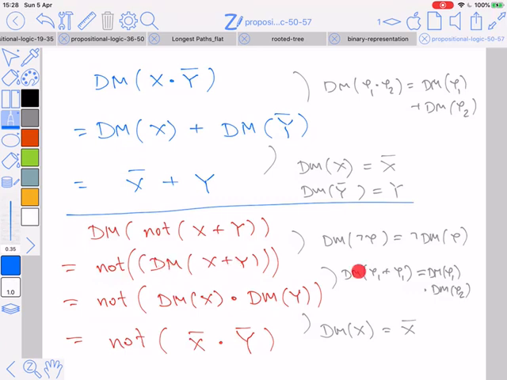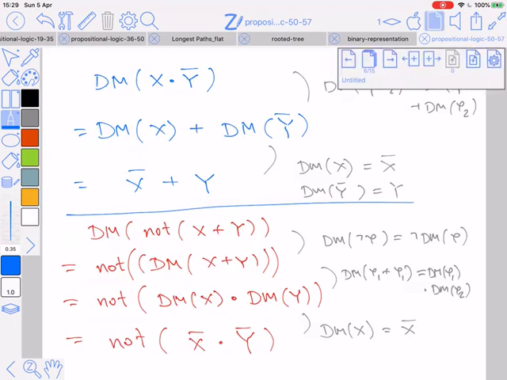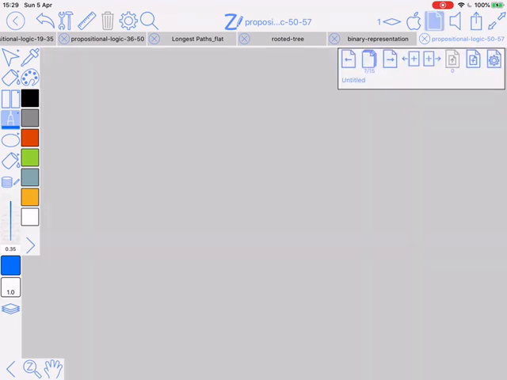I have the rule that the De Morgan dual of phi 1 or phi 2 is the De Morgan dual of phi 1 and the De Morgan dual of phi 2. So now I take the De Morgan dual of x, De Morgan dual of y, and I replace the or by an and. Good. Now the De Morgan dual of x is not x, the De Morgan dual of y is not y, and I get this formula. Okay, so by now I hope that you have understood what the De Morgan dual of a formula is.